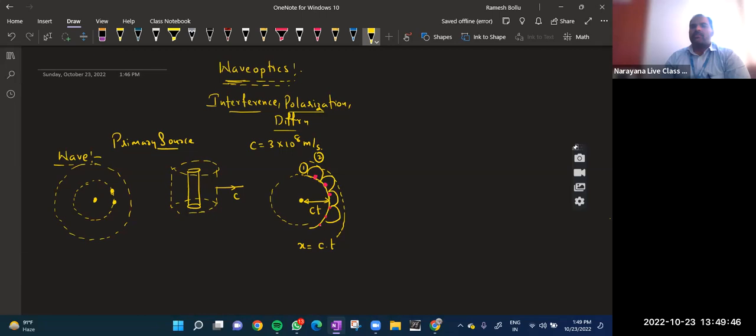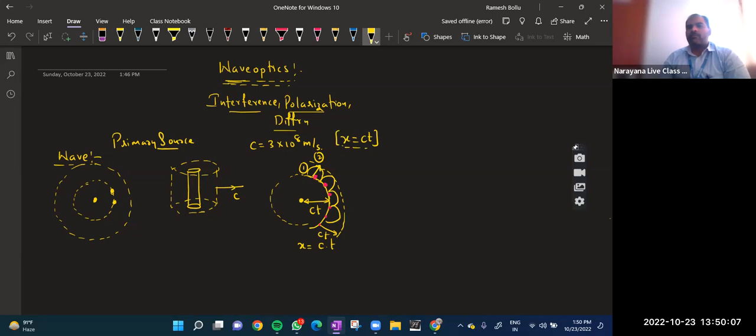What is the distance traveled by the wave in t seconds? Now also, c into t seconds. So within t seconds, the wave will travel from the first position to the second position. Here also the distance traveled by the wave is the product of c into t.